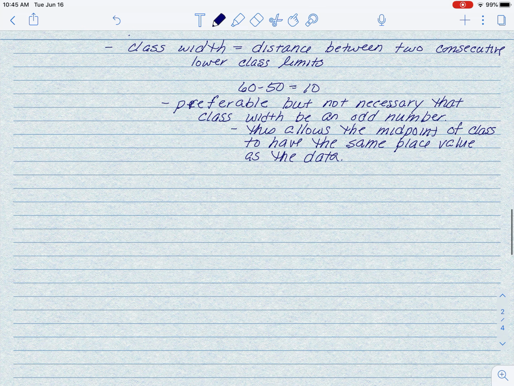Okay, so we're going to keep going about classes. Classes need to be mutually exclusive, meaning you can't have a number belong to more than one class, or the classes cannot overlap. Class limits don't overlap.